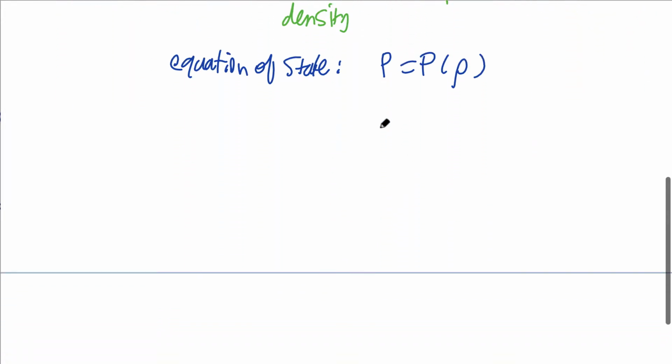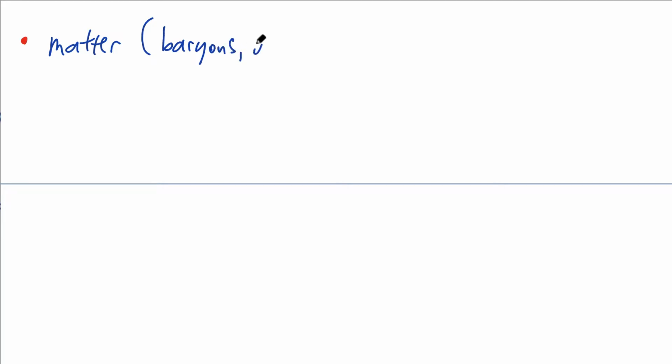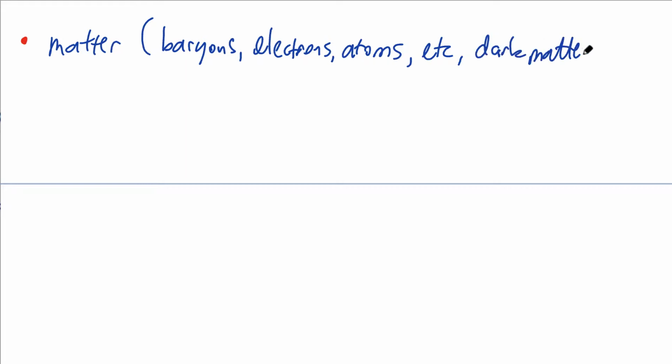So let me spell this out explicitly. The three types of perfect fluids we have are matter, which consists of massive particles, baryons, electrons, atoms, and molecules, and so forth, and also dark matter. The second component is radiation.